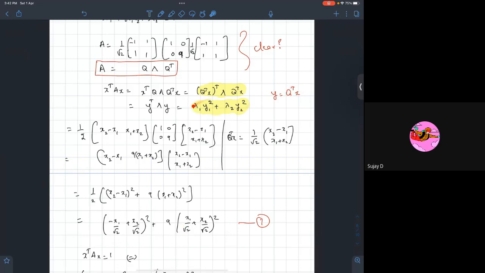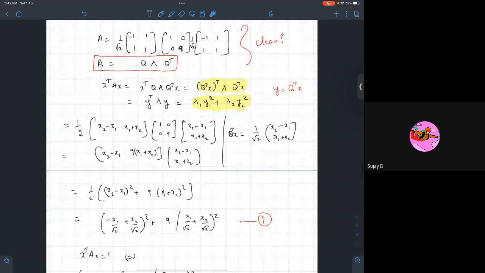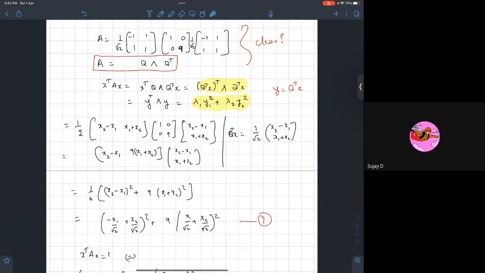This is the equation in Y, which is obviously an ellipse equation. And this is the equation in X, again an ellipse equation because of Q. With all this hard work and multiplying, you still got an ellipse equation because Q is an orthogonal matrix. If it was some other matrix, then you won't get an ellipse equation in X, even if you have an ellipse equation in Y. That's the point I want to make.